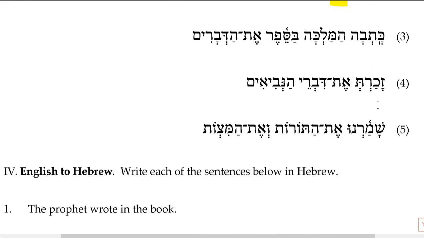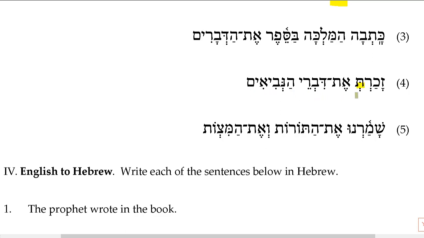Okay, number 4 is interesting because it has a construct chain as the object of the verb. So let's take a look at this. We have zakart et divrei haneviim. So zakart et divrei haneviim. So here we have our verb.